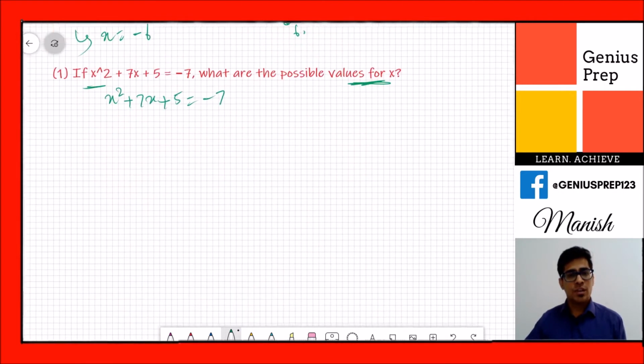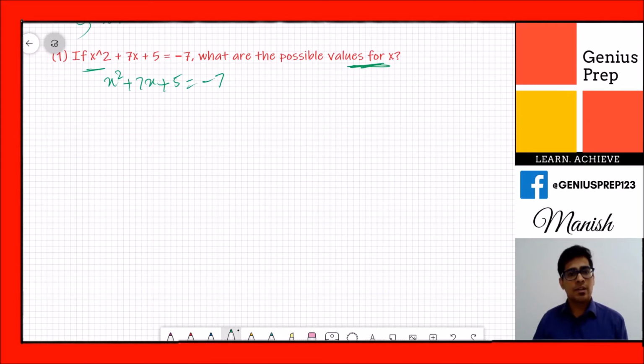Currently we have minus 7 on this side, so we need to make sure it is 0. So in x square plus 7x plus 5 equals minus 7, we add 7 on both sides, so this side becomes 0. The final equation is x square plus 7x plus 12 is equal to 0.